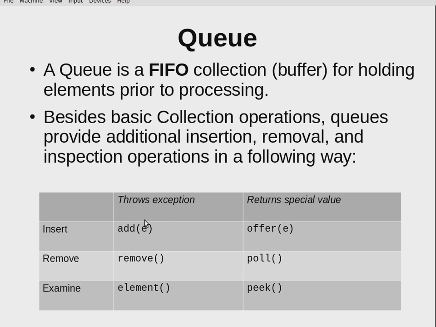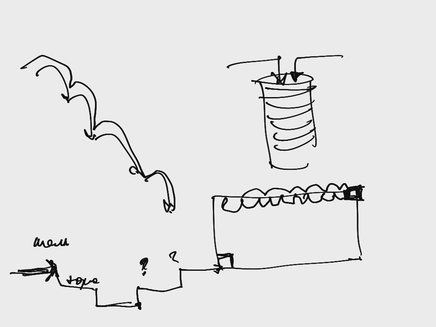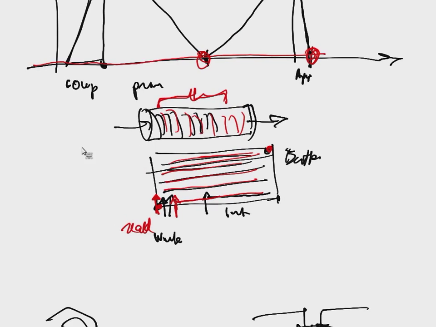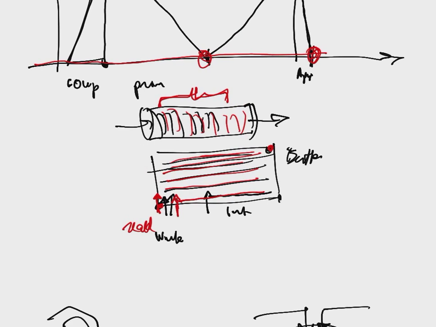This queue object is an object-oriented implementation of a buffer, and sometimes a buffer is called first in, first out, because of this pipe, or FIFO, first in, first out from the other end.